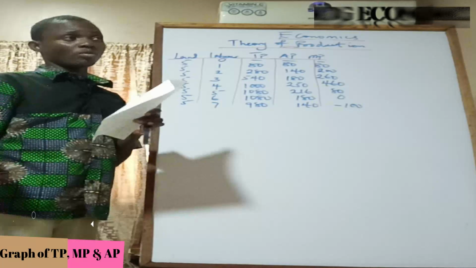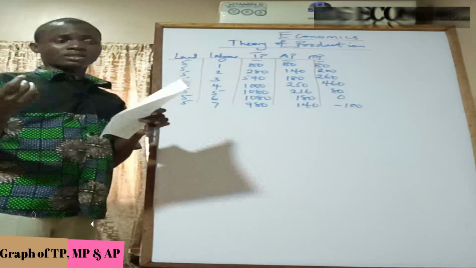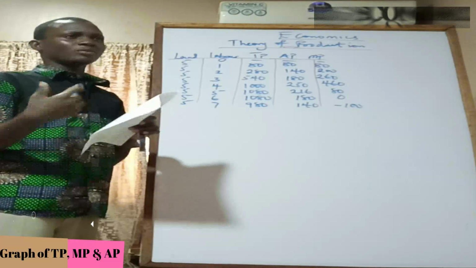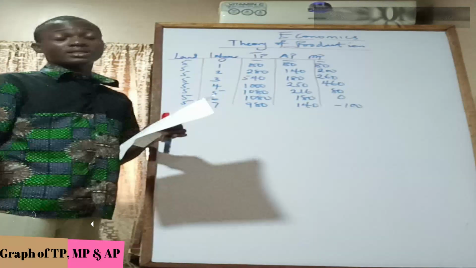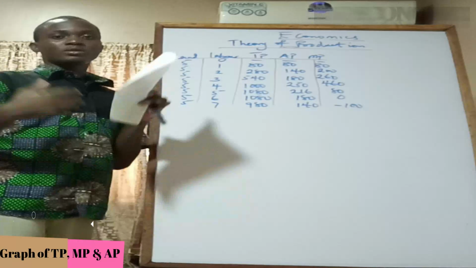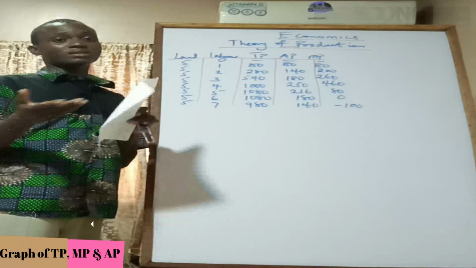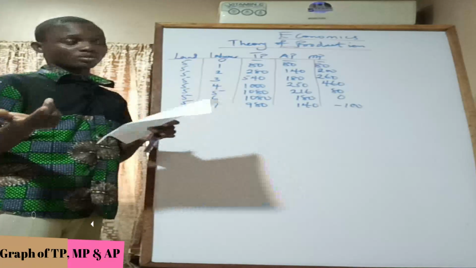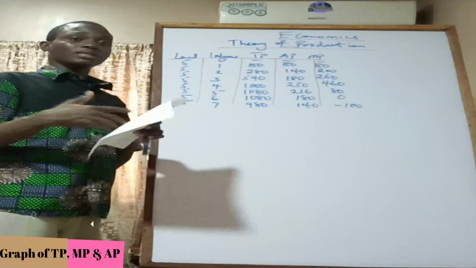So output is still going to grow, but it's going to grow less. If you double your input, for example, that's an increase of 100% in your input. Output might just grow by 35%. So inputs went up by 100%, but output is increasing by 35%. So you're experiencing decreasing returns. Then there's the third one, negative returns.